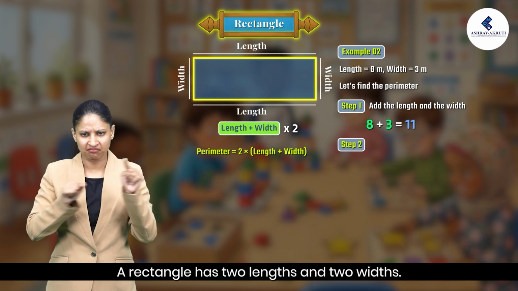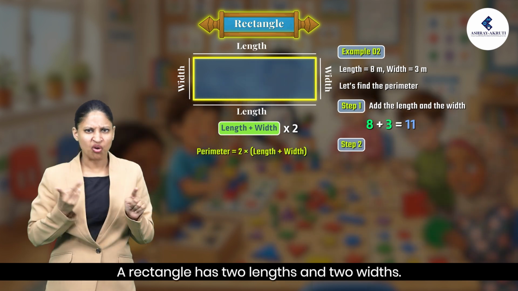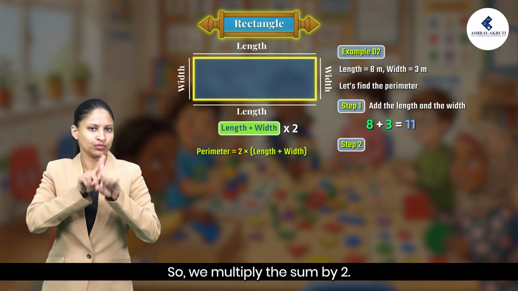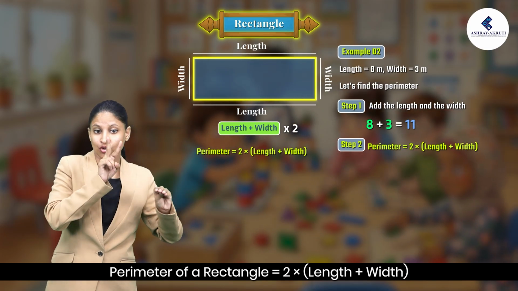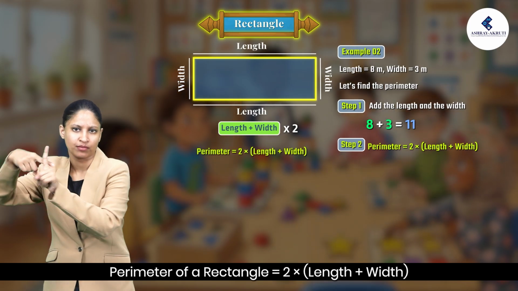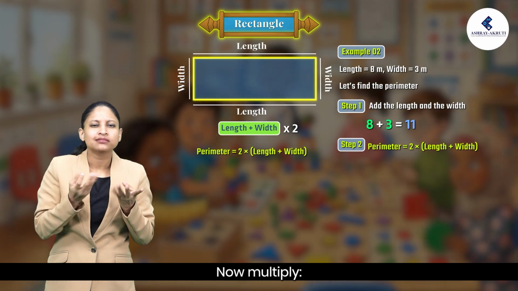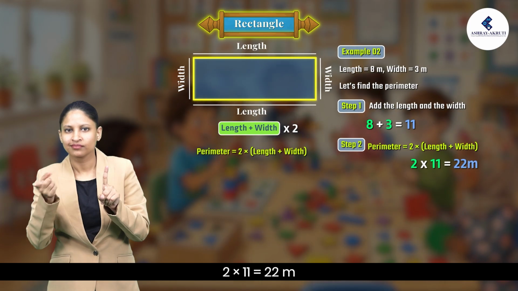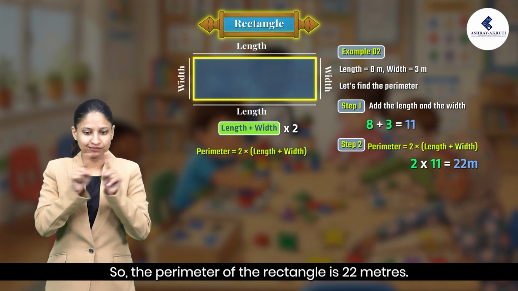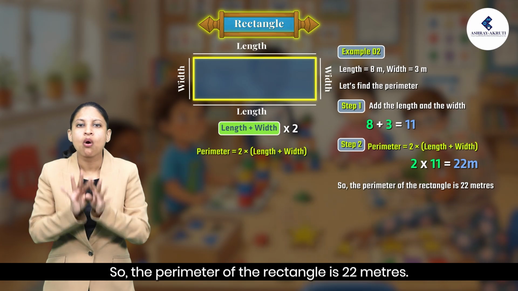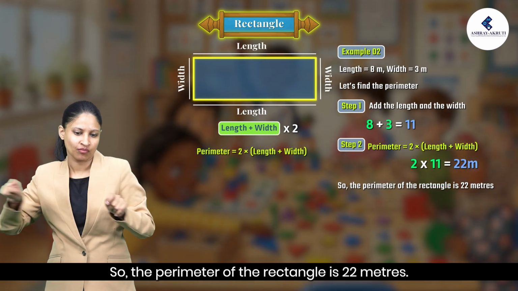A rectangle has 2 lengths and 2 widths. So we multiply the sum by 2. Perimeter of rectangle is equal to 2 into (length plus width). Now multiply 2 into 11 is equal to 22 meters. So the perimeter of the rectangle is 22 meters.